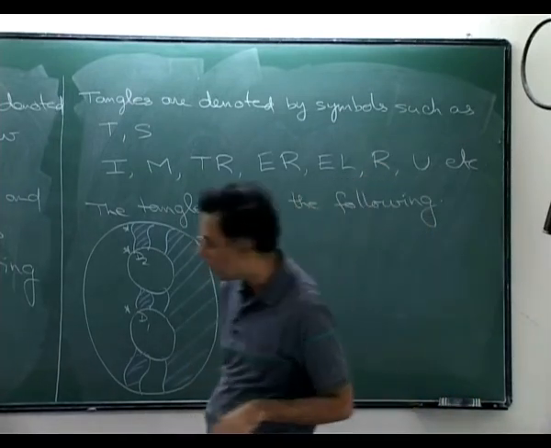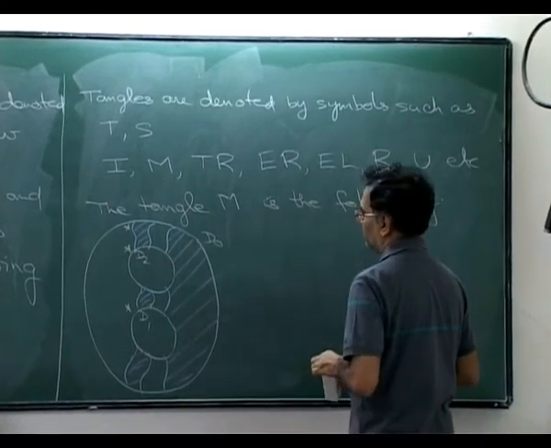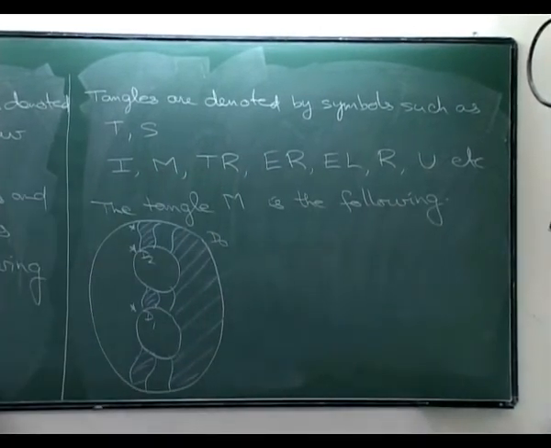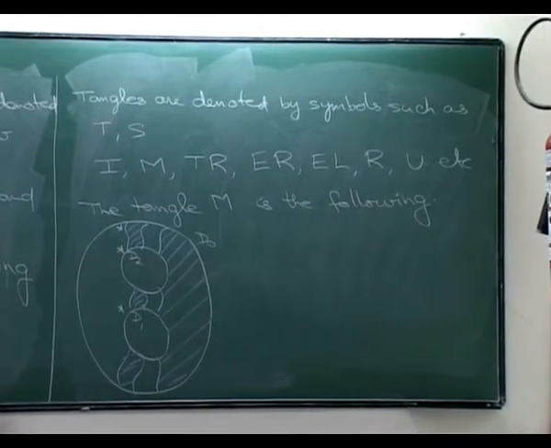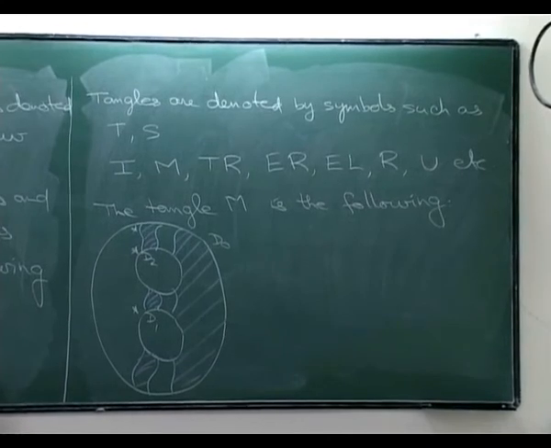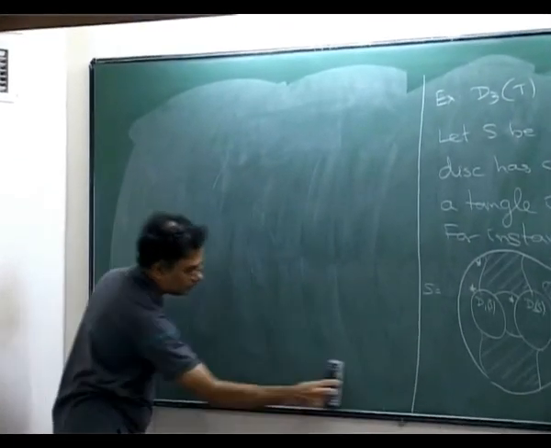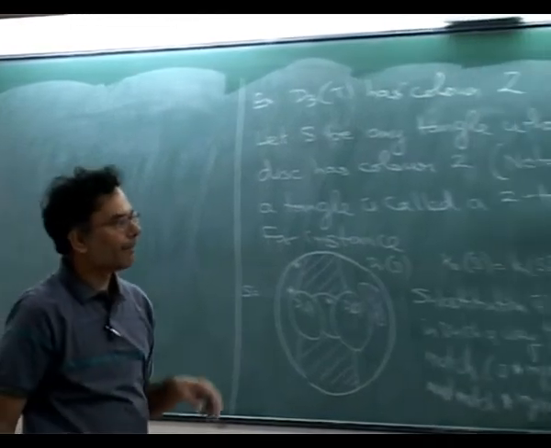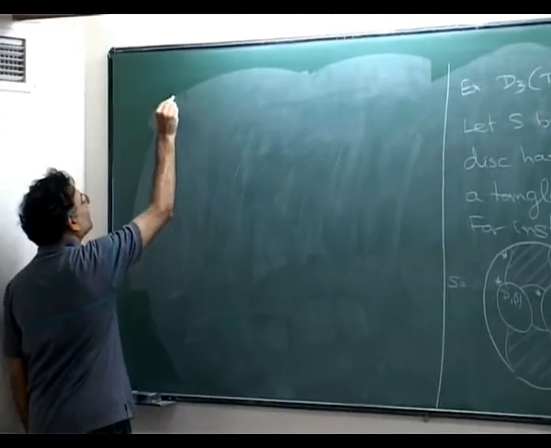So let us see what these various things are. Okay. So I begin with the multiplication tangle M and I ask what is M star? So that's the first question I want to answer.